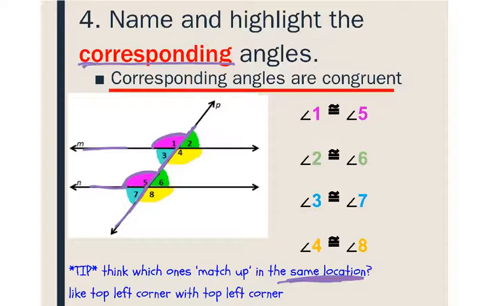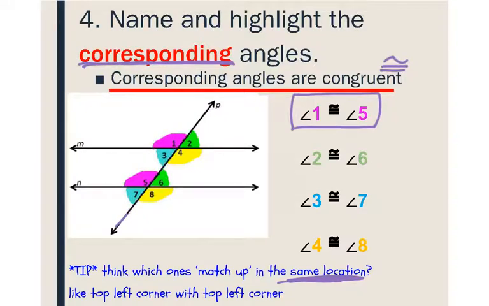So they are called corresponding angles. And all corresponding angles are congruent because that's what happens when you have a transversal cutting parallel lines. So angle 1 is congruent to angle 5.